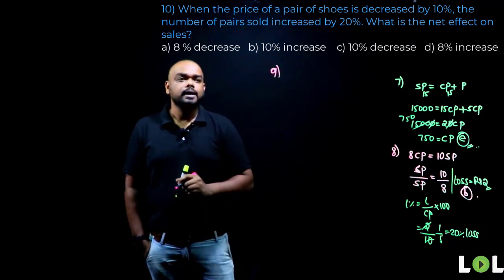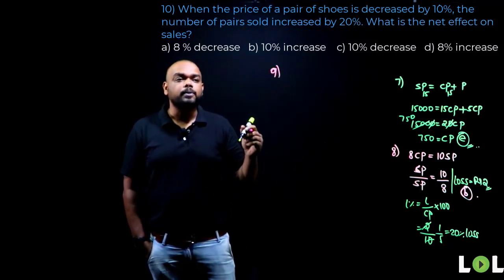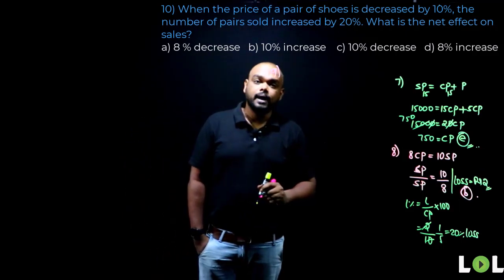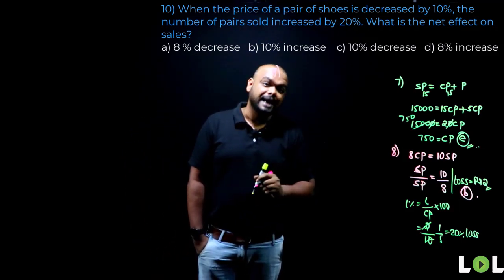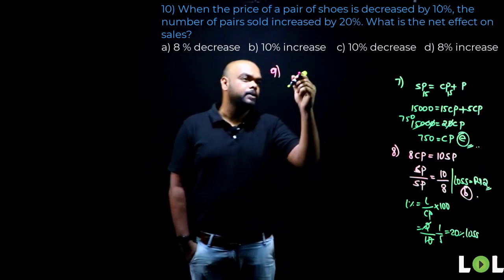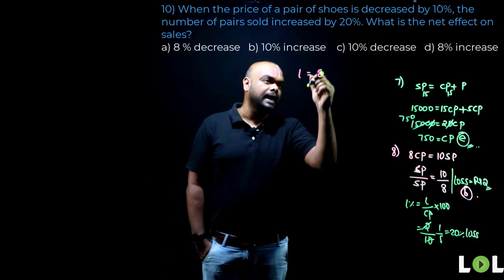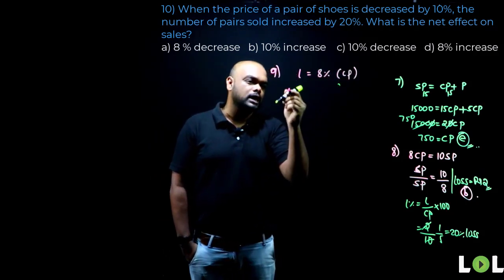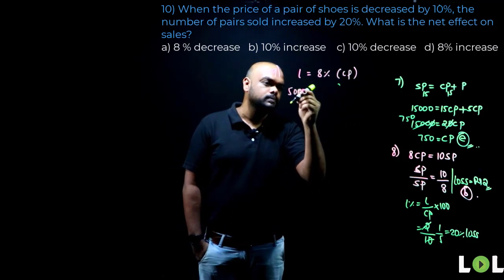She sold it 50,000 rupees less than what she bought it at, and she made a loss of 8%. Loss is 8% means loss is equal to 8% of cost price. And according to the question, that loss is 50,000.